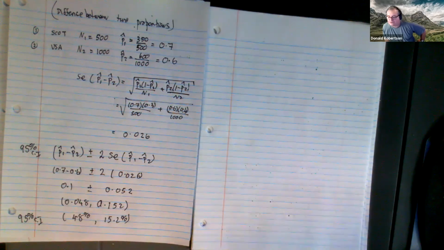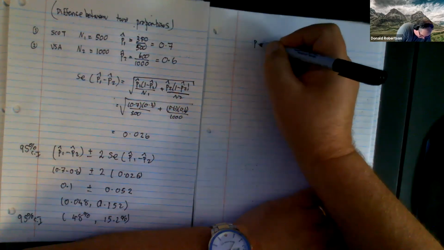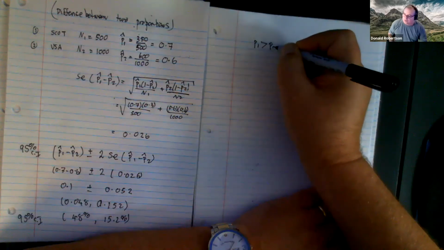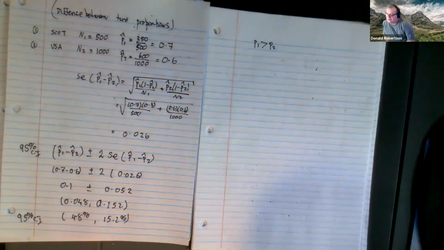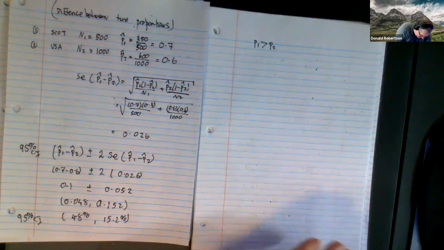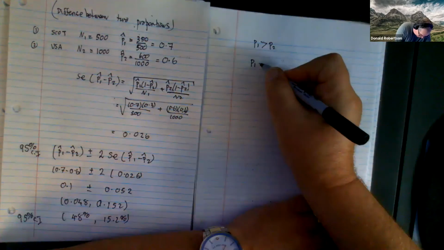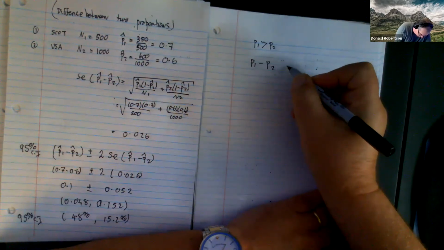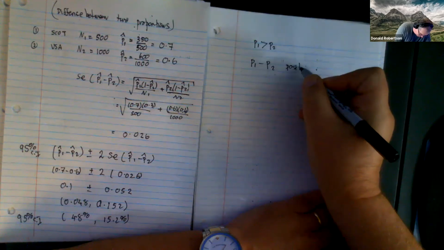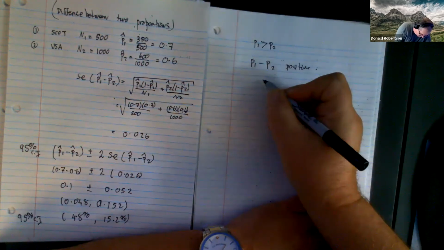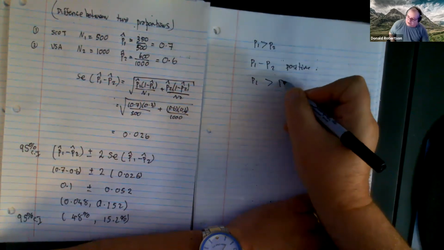Right. So since this interval is all positive, doesn't that make P1 bigger than P2? Would you agree that's what that is telling us? If P1 take away P2 is positive numbers, then doesn't that make P1 bigger than P2? That's what I'm saying.